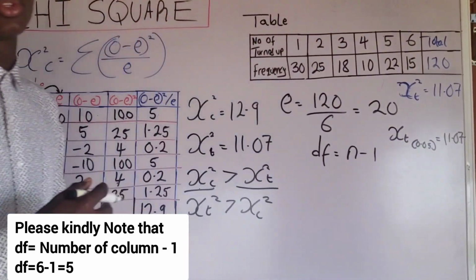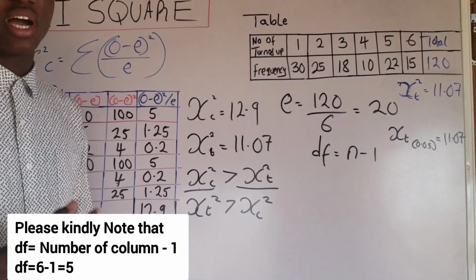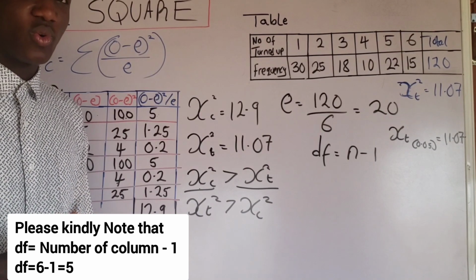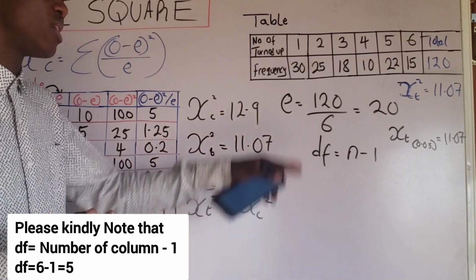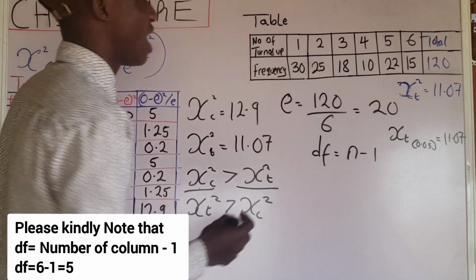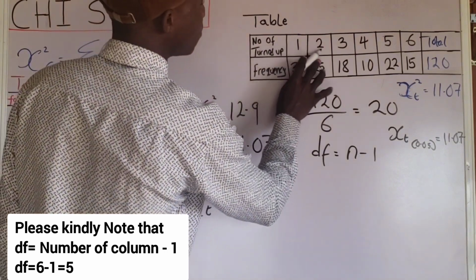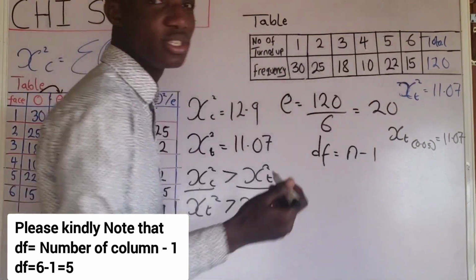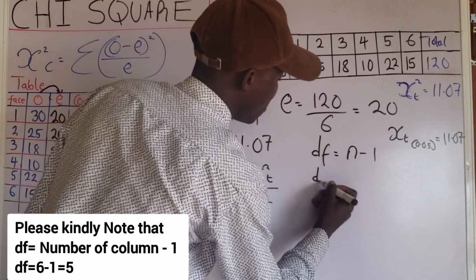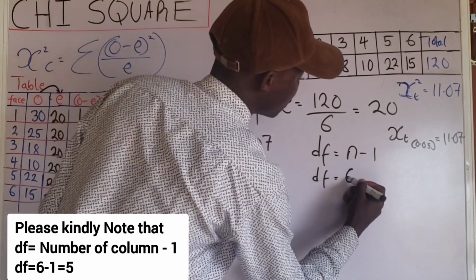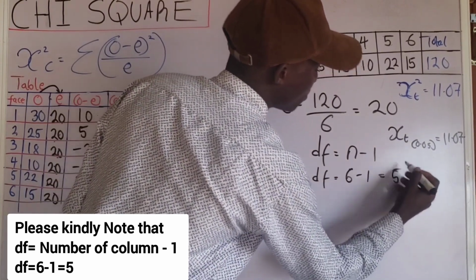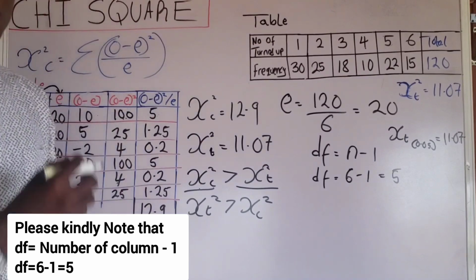N is the number of rows that we have on our table. And how many rows do we have? 1, 2, 3, 4, 5, 6. We have 6 rows. So here the degree of freedom will be 6 minus 1, which is 5. So the degree of freedom is 5.